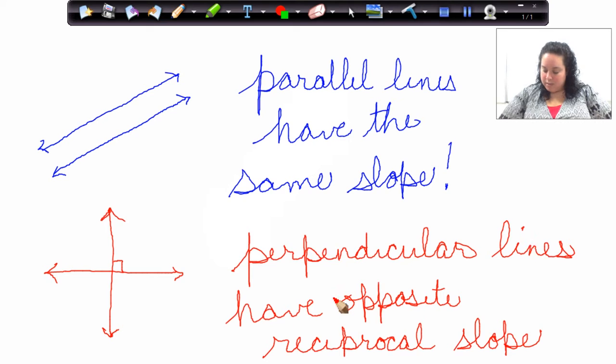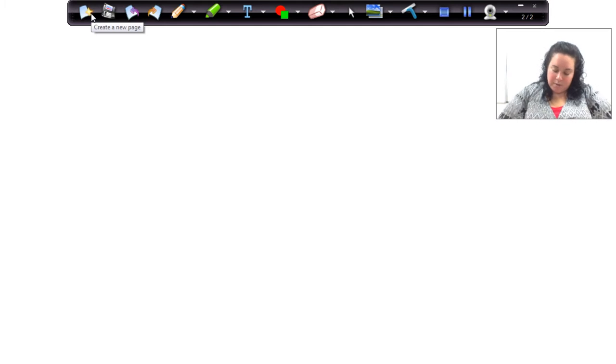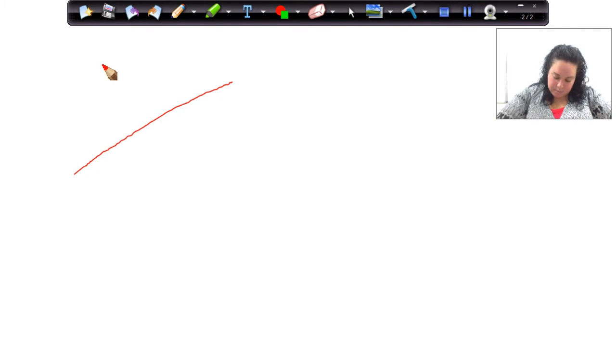Perpendicular lines have opposite reciprocal slope. So let's draw ourselves an example of this. If we have a perpendicular line, for example, maybe that goes like this, and they cross at a right angle.